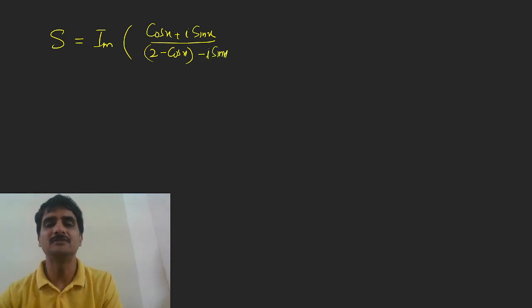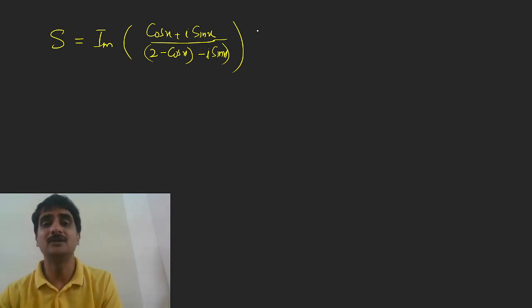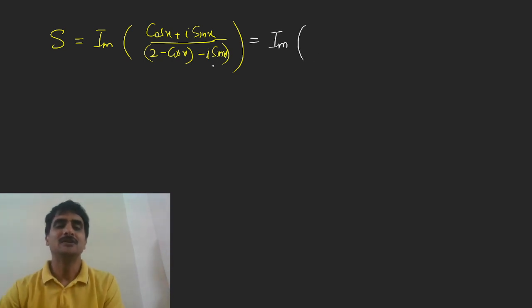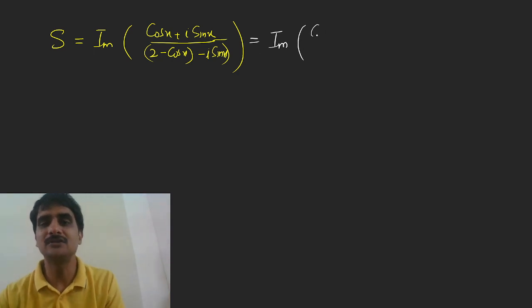Now it's a child's game. Just realize the denominator. Like we say rationalization, I call it realization: converting this denominator to a real number, so multiply and divide by its conjugate. When you multiply the numerator by the conjugate of the denominator, that's what we get here.